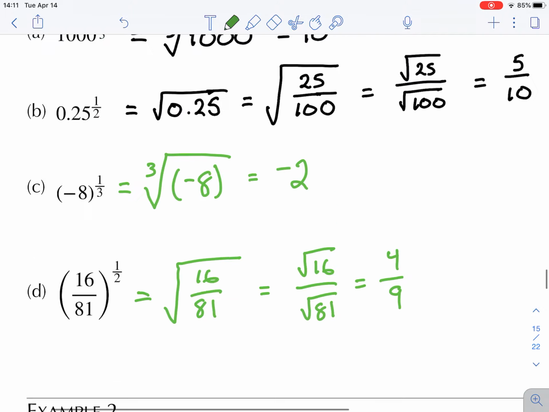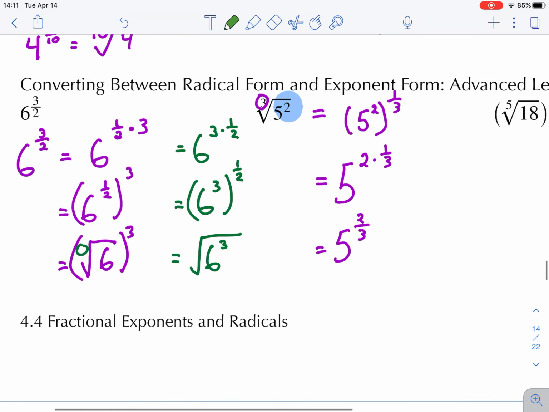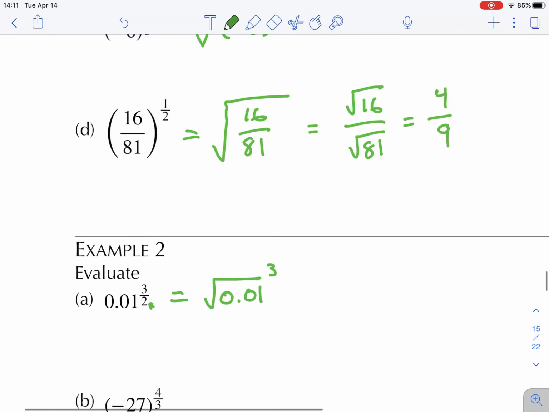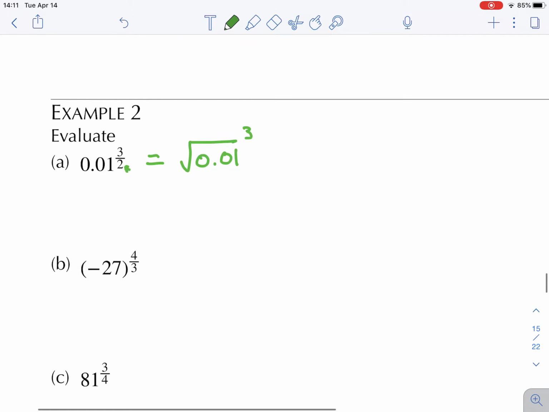All these steps that we did up here, I'm just shortcutting it from the start to the end, where our denominator tells us the index on the radical, and the numerator is the power that we will raise that to.